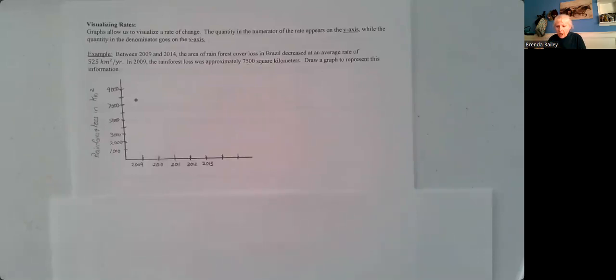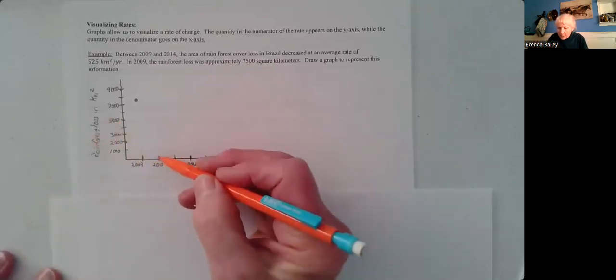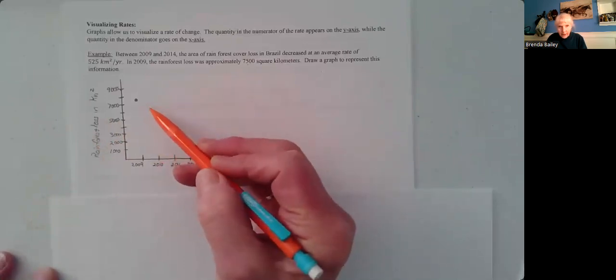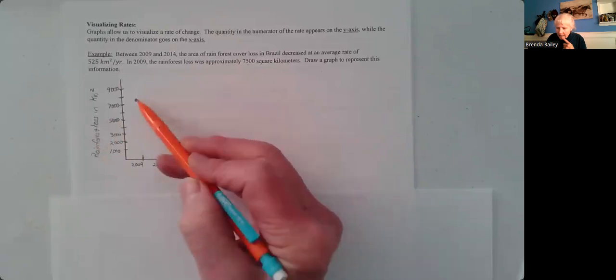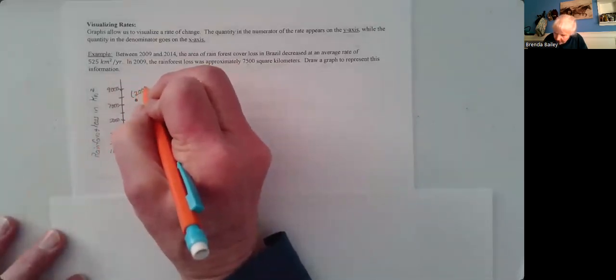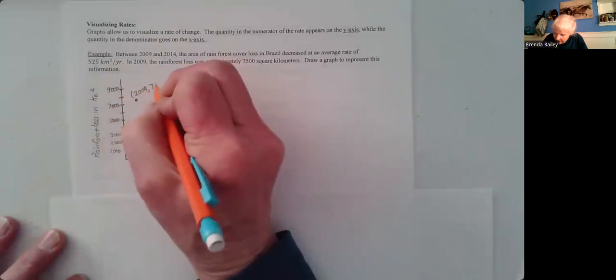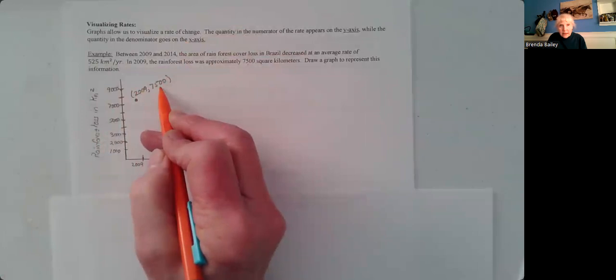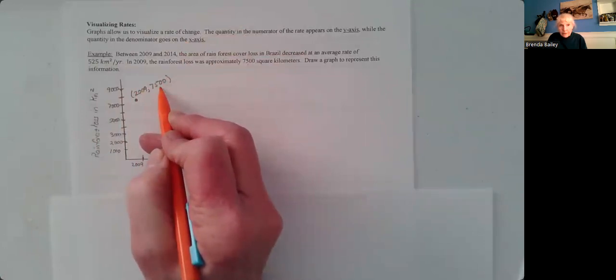So to find 2010, we're going to have to subtract. I'm going to go ahead and label this 2009, 7,500. We're going to subtract 525 from this because it decreased every year.